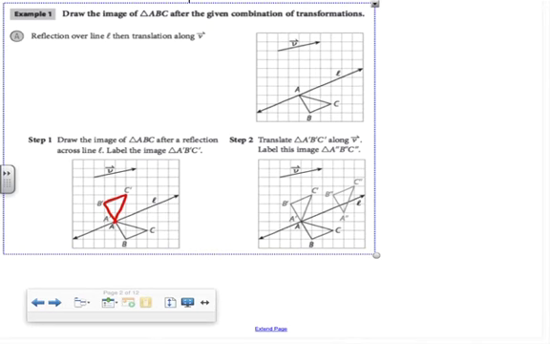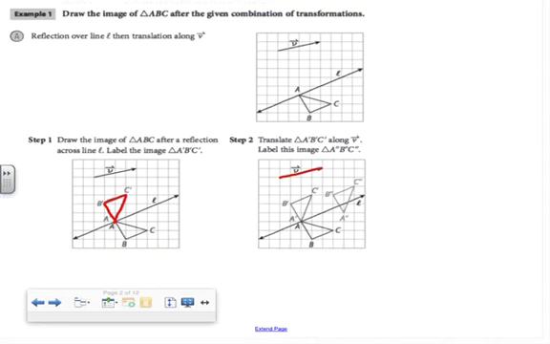And then the next step was to take that triangle and translate it along the vector that was given to you, vector V. So notice how I could take this vector and that's how far B is from B prime, and A is from A prime, and C is from C prime. So that's what they did.